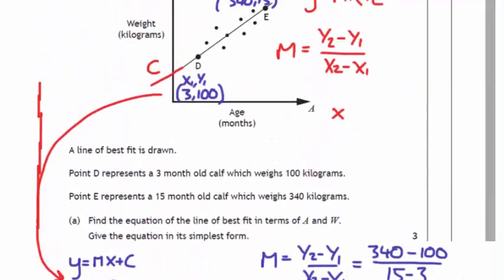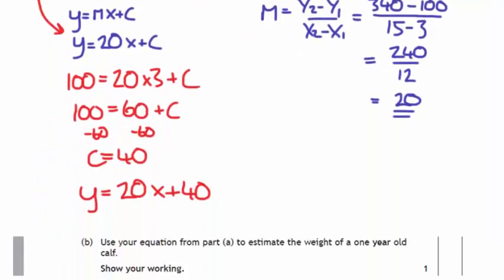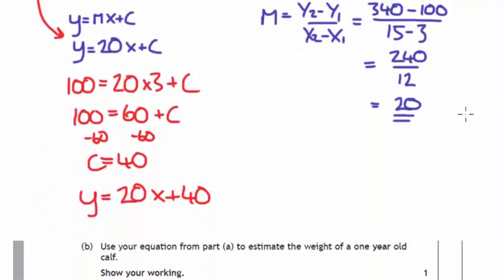The gradient of the line isn't changing, and where it cuts the y-axis isn't changing, but obviously on the line the x and y coordinates could change, because there's a set of x and y coordinates for each position. Now if you remember, the whole scenario is about cows and their weight, so you don't just leave it like this. You have to think, what do x and y actually represent?